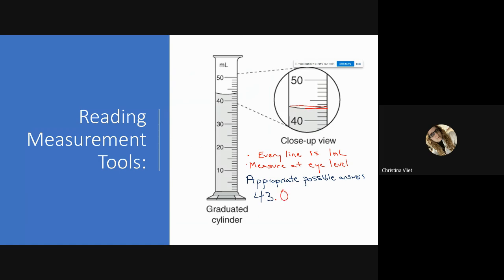So when writing a measurement, you write all the numbers you know for sure, which is given to you by the lines here, and then one final digit you estimate. So it's all the numbers you know, and one that you estimate.